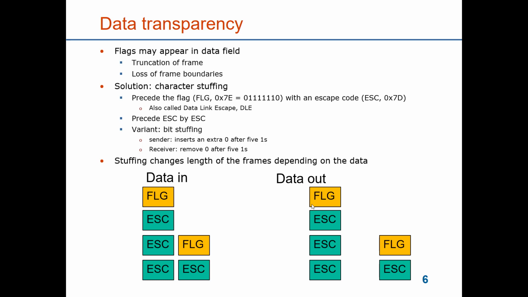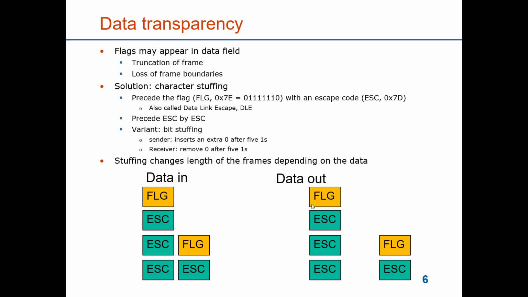The procedure of the receiver is similar to the receiver of character stuffing. Once the receiver sees a string of 5 ones, it will always delete the 0 following the 5 ones, because that 0 has been stuffed by the sender and is not a 0 that belongs to the data.